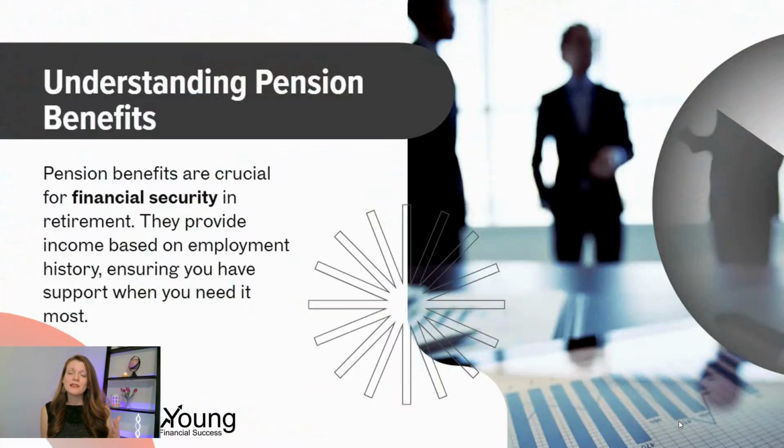All right, first of all, let's understand what a pension benefit is. Pension benefits are crucial for the financial security in retirement for the employee, and they are going to provide income for that employee after they retire based on their employment history, and that allows them to have some of that financial security even when they are past their working years.